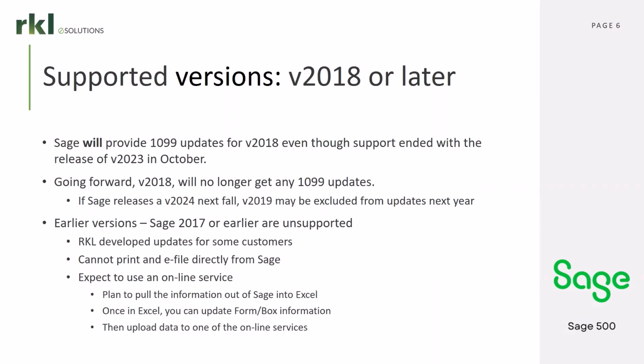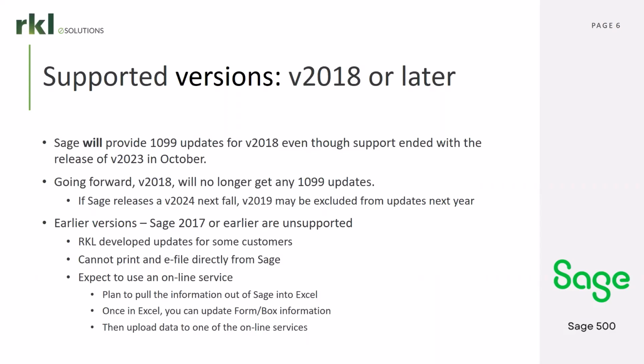So that would mean that typically they would not support version 2018. Going forward, if Sage releases version 2024 next fall and sticks to this pattern, they may exclude version 2019 from 1099 updates as an unsupported version. We'll have to see.